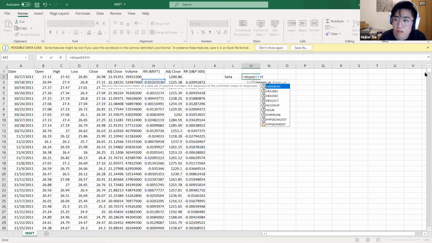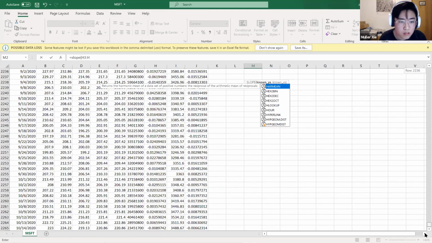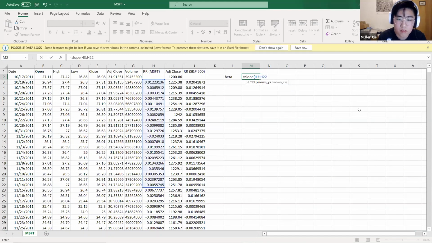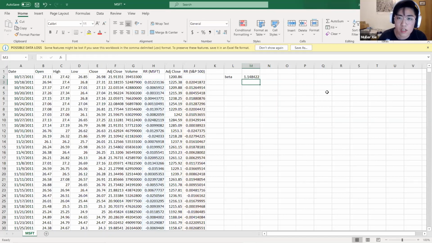And your x should be the rate of return that you have calculated for the S&P 500. Then you can calculate the beta based on the 10-year daily data of both the target company that you want to analyze and the S&P 500.